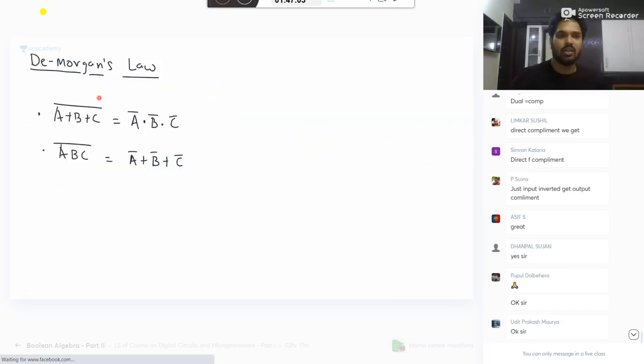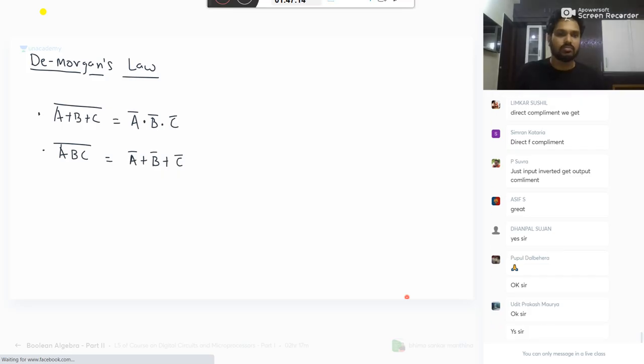So let's move further. Those are the basic laws of your Boolean algebra. Let's start the problems. So what is the first question? The printout is not there.